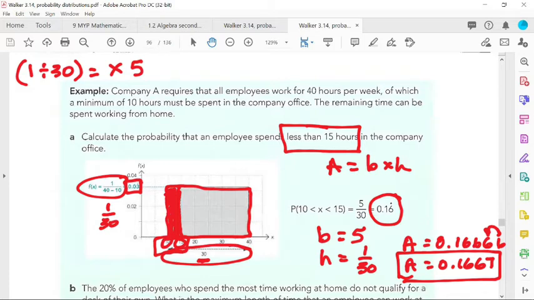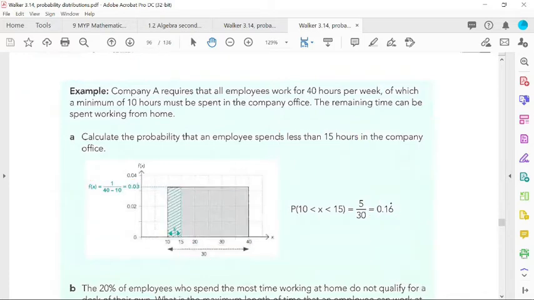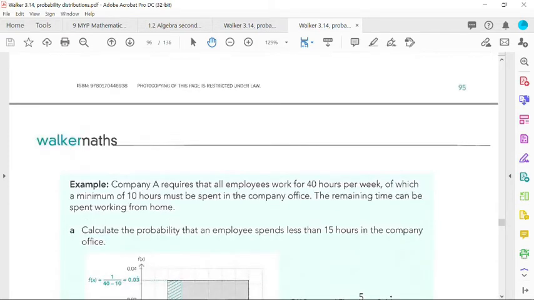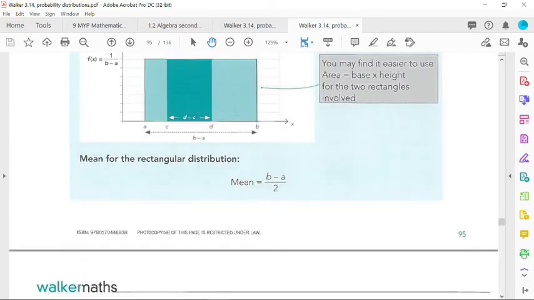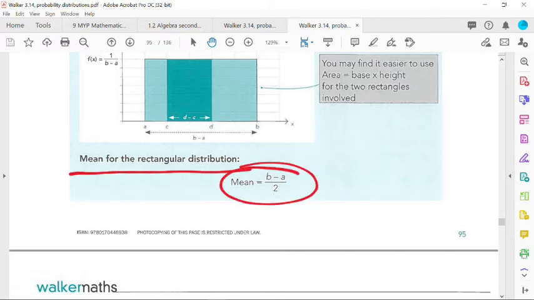Now, one other thing that they mentioned a little bit earlier was the mean. Let's look at this, too. They may ask you for the mean of the rectangular distribution. Remember that the mean is usually the sum, but we just need a distance.